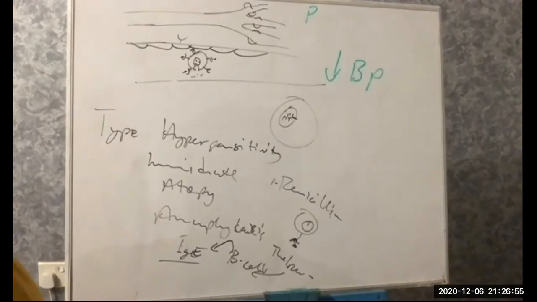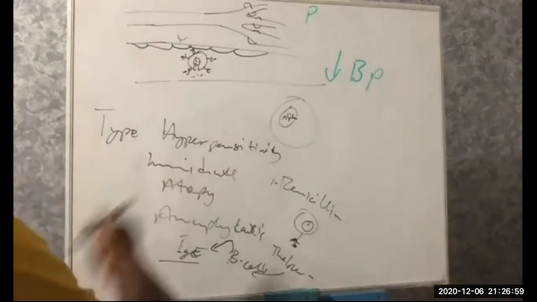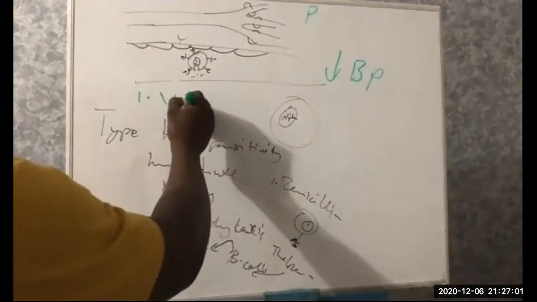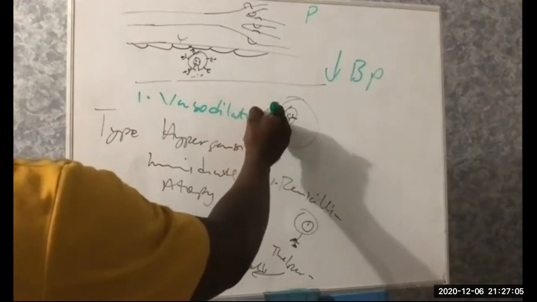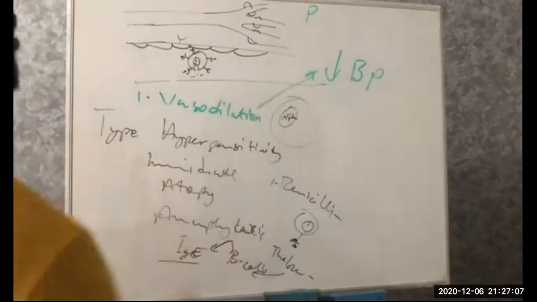Apart from that, what is going to happen? Histamine will cause vasodilation, leading to a drop in blood pressure.